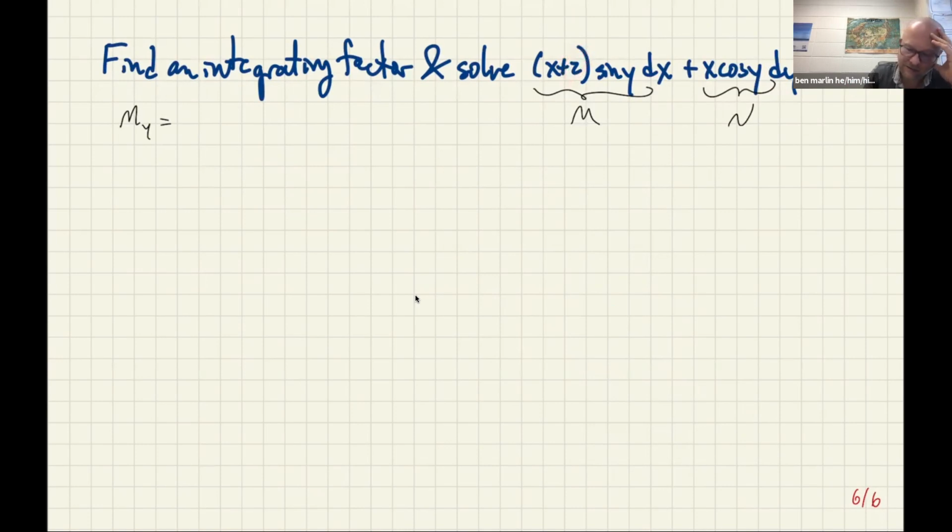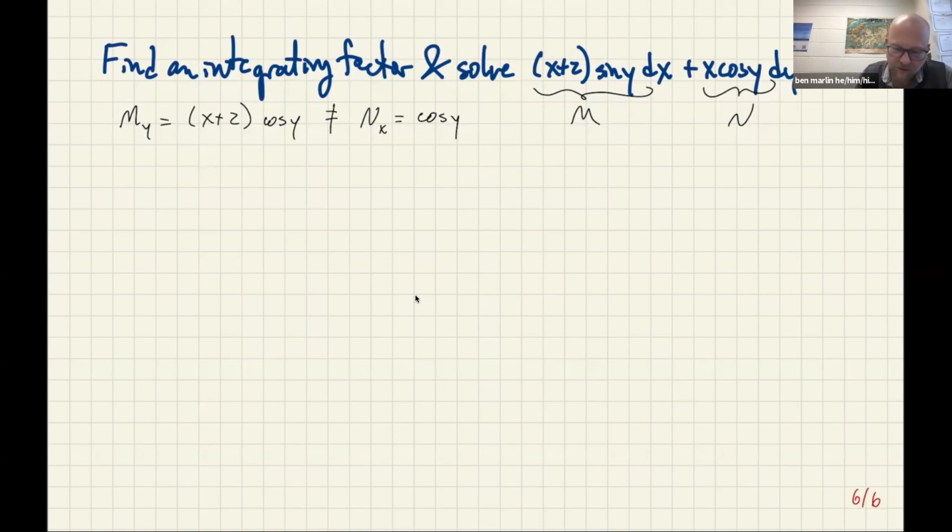My handwriting was a little iffy there. But your m sub y should end up being x plus 2 times the cosine of y, and your n sub x should turn out to be just the cosine of y. I wrote that badly. Just the cosine of y, and those clearly are not equal. So we need an integrating factor in order to make this work out.